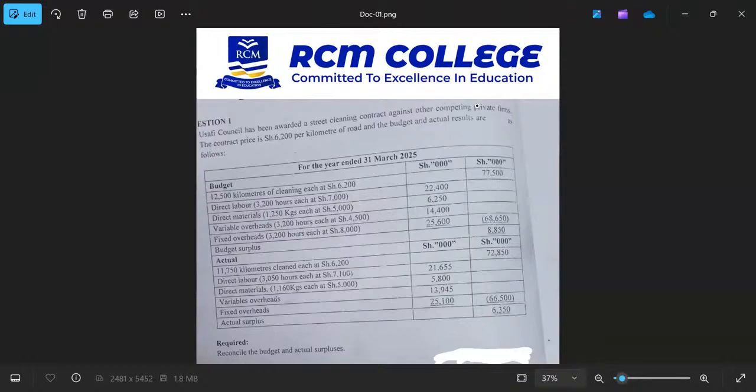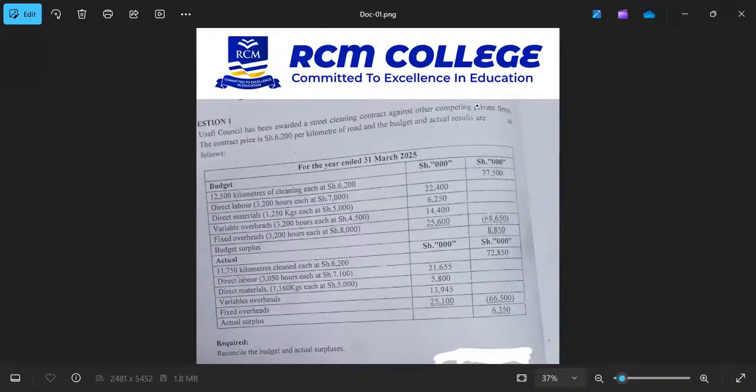So let's see. We are told Usafi Council has been awarded a street cleaning contract against other competing private firms. The contract price is 6,200 per kilometer of road, and the budget and the actual results are as follows.